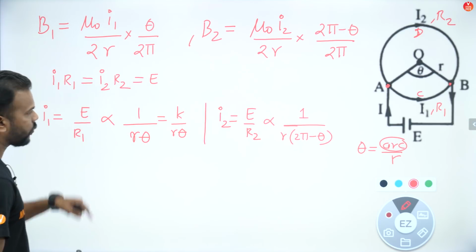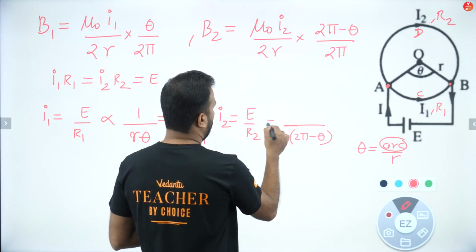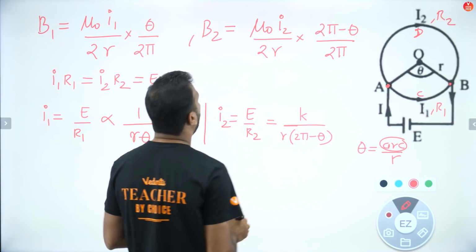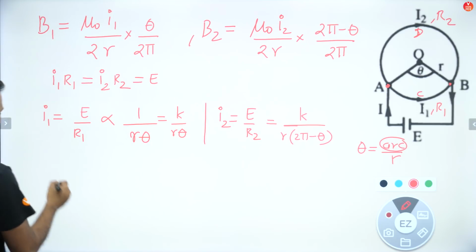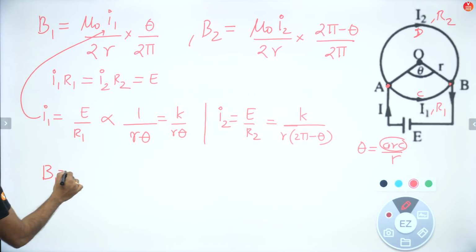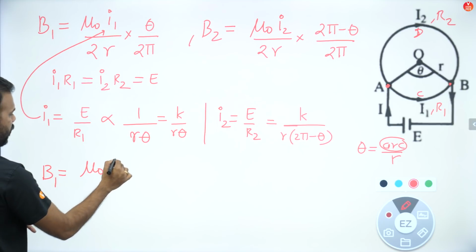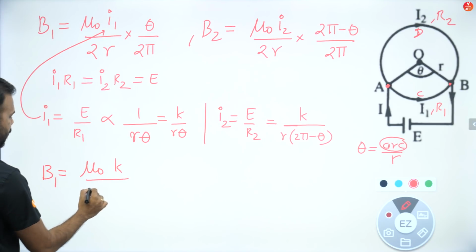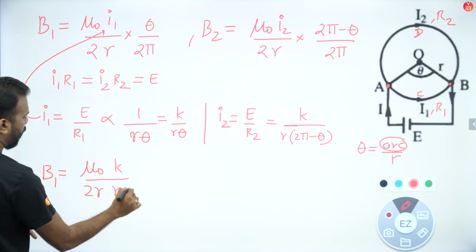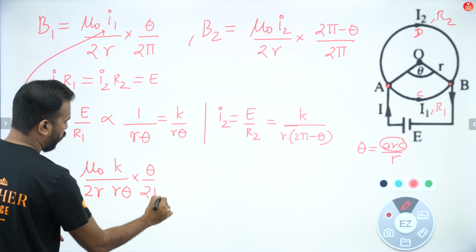Now I'm going to put the values of I1 and I2 and we'll be finding the value of B1 and B2. Going back there, putting the value of I1 here, B1 comes out to be mu naught, I1 is k by r theta, so I have 2r, r theta comes here, into theta by 2 pi.